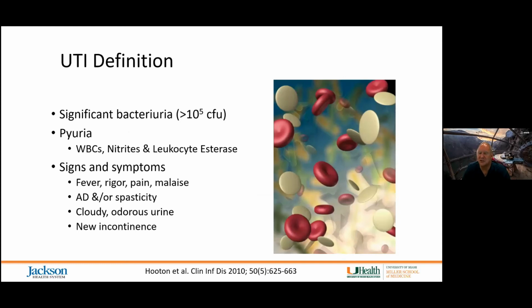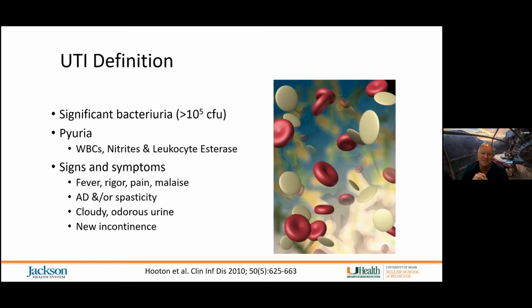Urinary tract infections. Now, recognize that we're talking about significant bacteriuria in the presence of significant pyuria, that is white cells, nitrite and leukoesterase positive on the urinalysis. That said, if I don't have signs and symptoms, I still may not treat this.